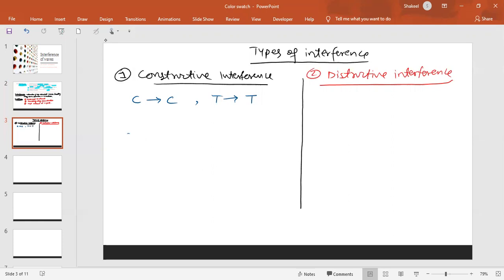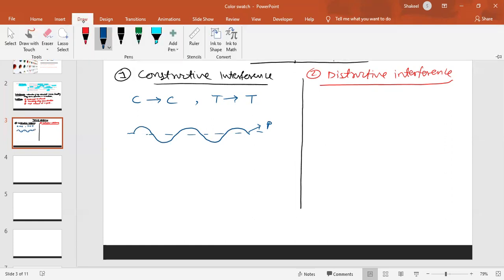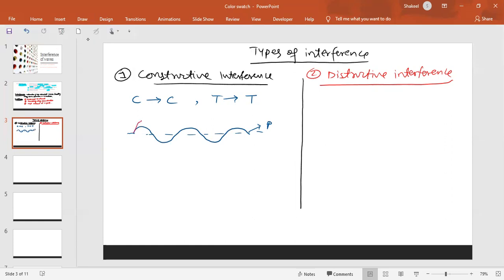So I can just make it like this. Let's say this is the mean position and this is the first wave, wave P. And let's say a second wave, Q, is also coming and falling like this. They are interacting like this. So the crest of one wave falls on the other and the trough of one wave falls on the other.